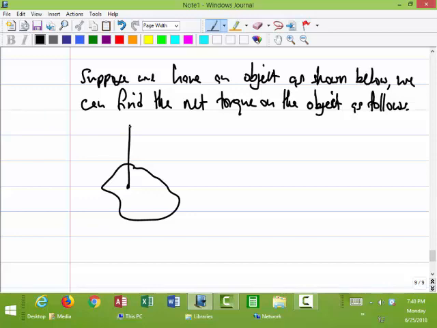We can put multiple forces on this object in different directions. Let's call this F1, let's call that F2, let's call this Fn, and we can say they are all at different distances. This is R1, this is R2, and this is R3.